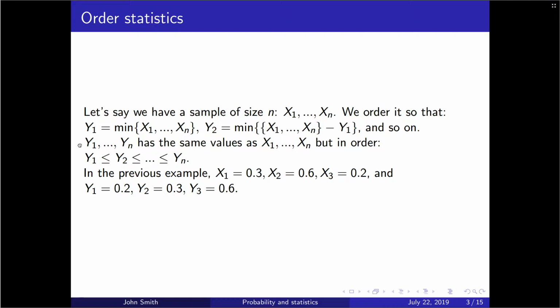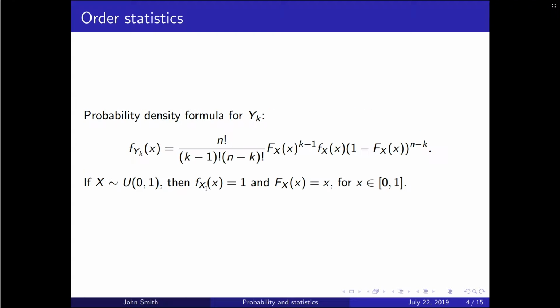We see that the y's have the same values as the original sample, but they are in increasing order. In our introductory example, we had x sub 1 be 0.3, x sub 2 0.6, and x sub 3 0.2. This would give us y sub 1 to be 0.2, y sub 2 to be 0.3, and finally y sub 3 to be 0.6.